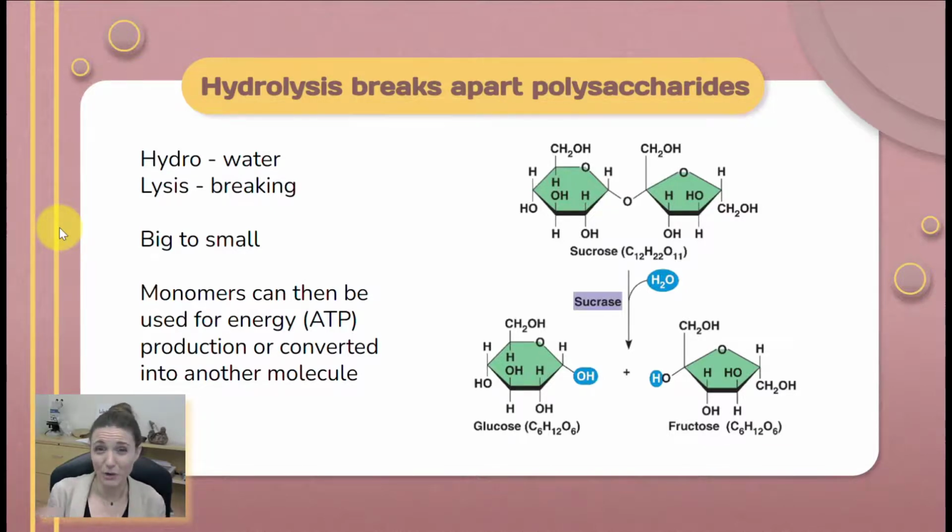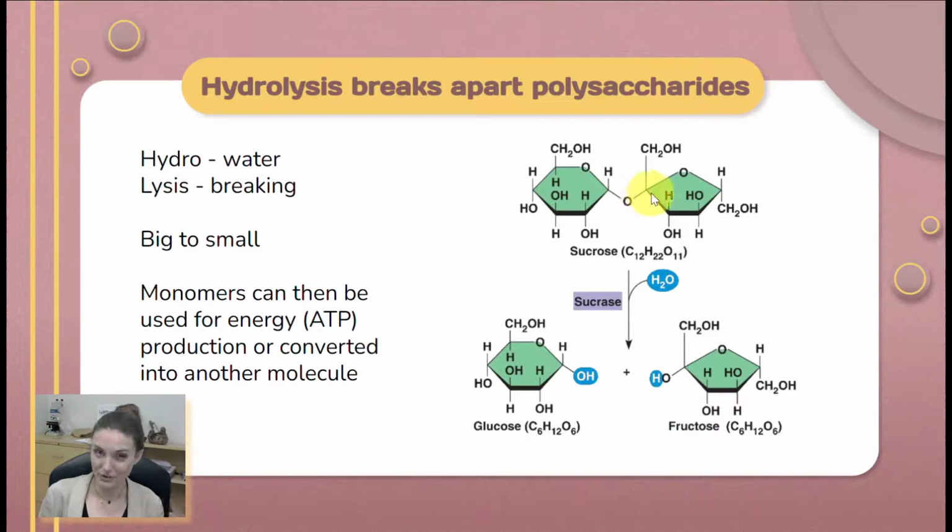So hydro meaning water and lys meaning to break. Okay, so we use water to break apart this bond between our monosaccharides. So water in this sense is a reactant, not a product. Water goes into this reaction and is used up, so that we can separate those monosaccharides.